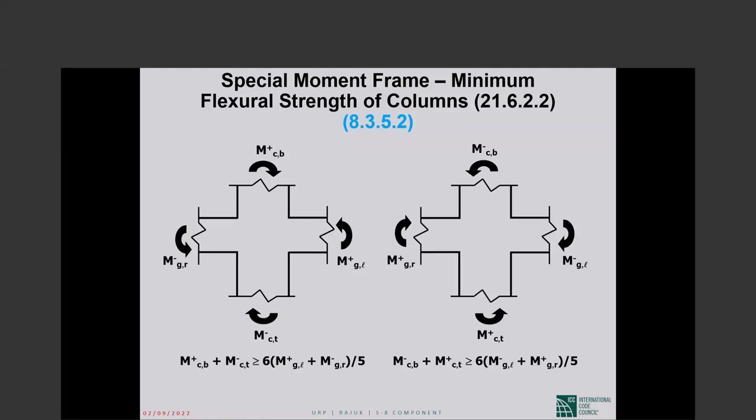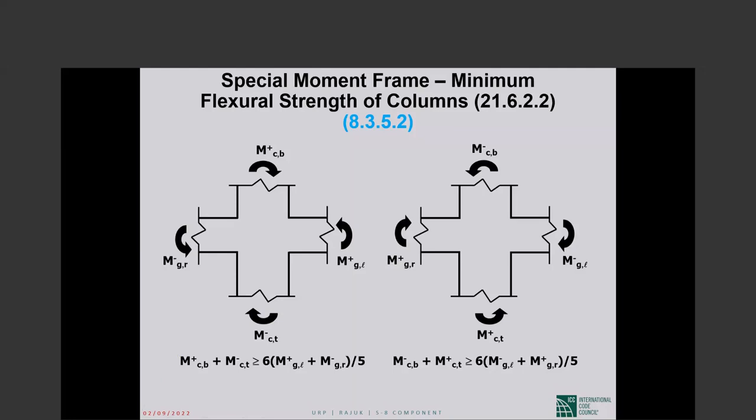Be that as it may, the requirement is that the nominal moment strengths, we go with nominal these days.